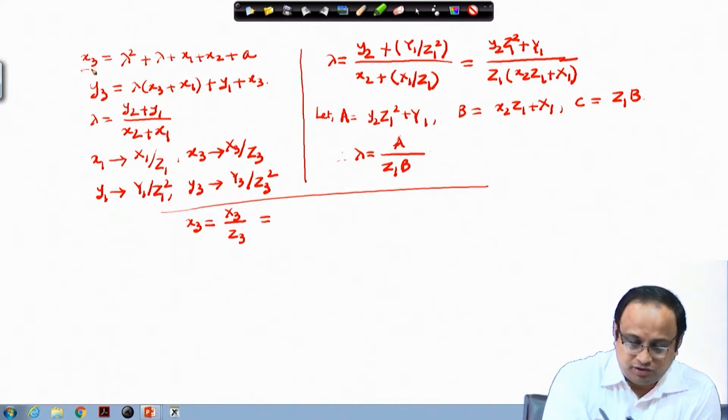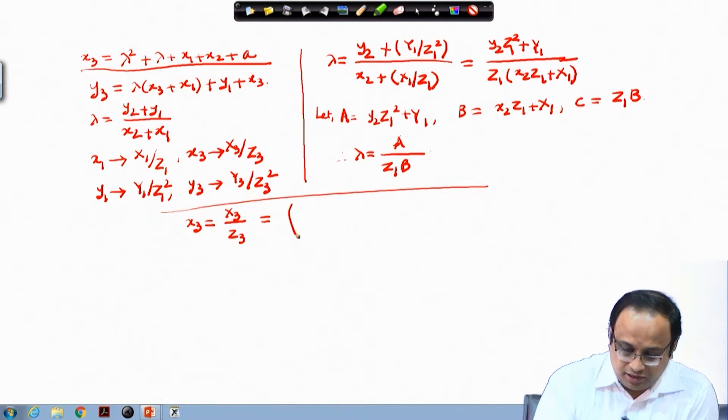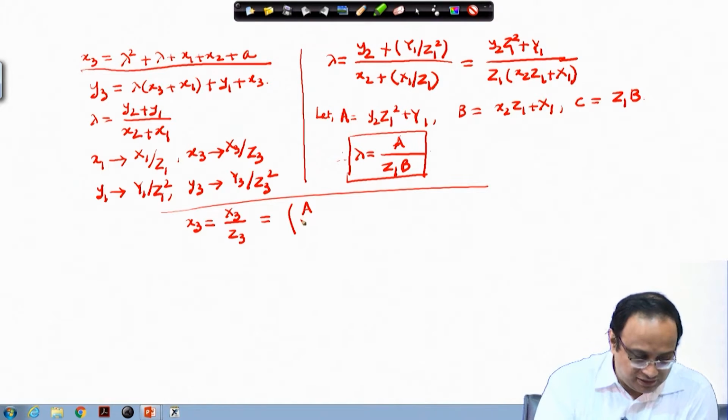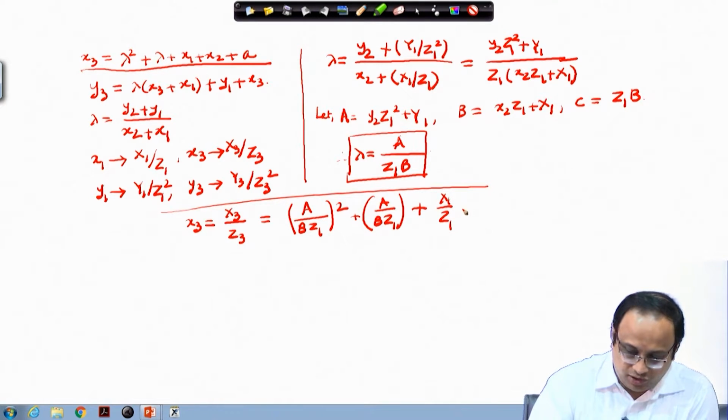So, using this value of lambda, I can write this as A divided by B z1 whole square plus A divided by B z1, plus X1 by z1 plus x2 plus A.